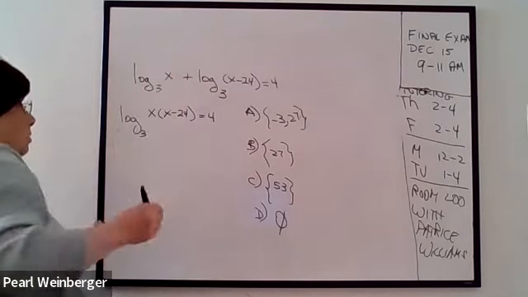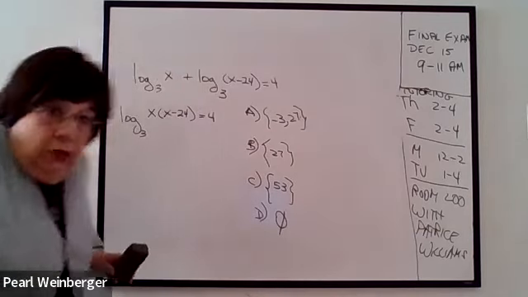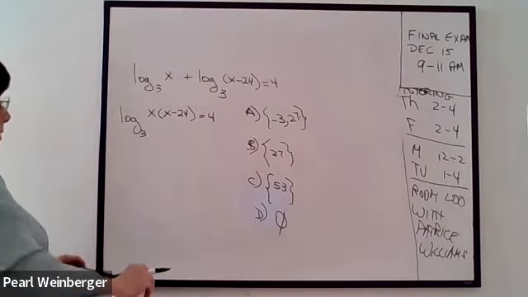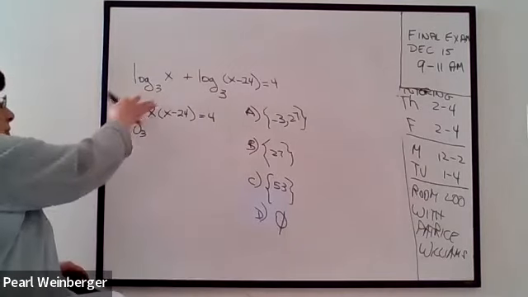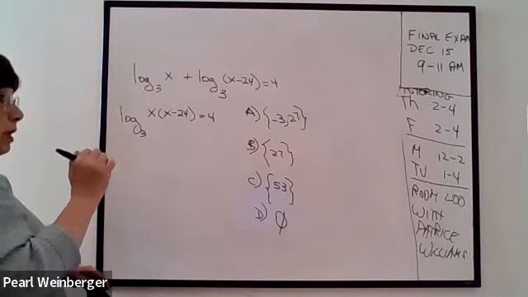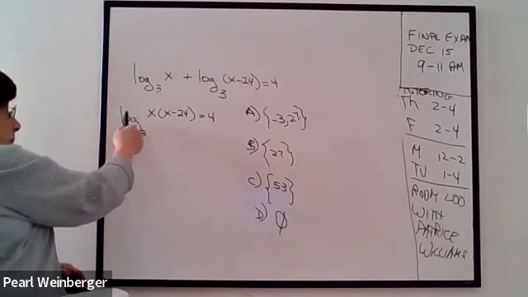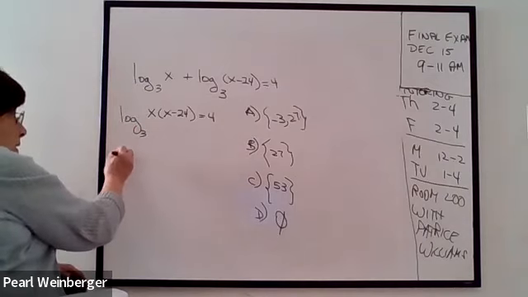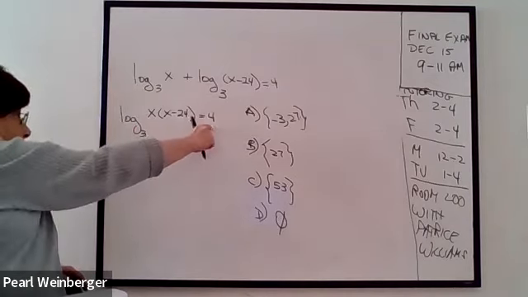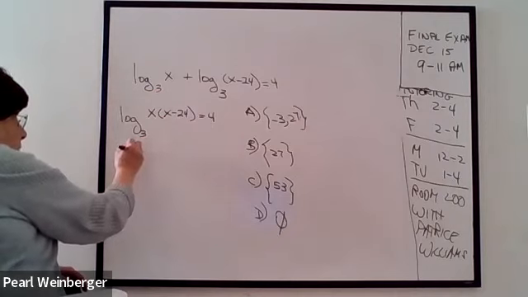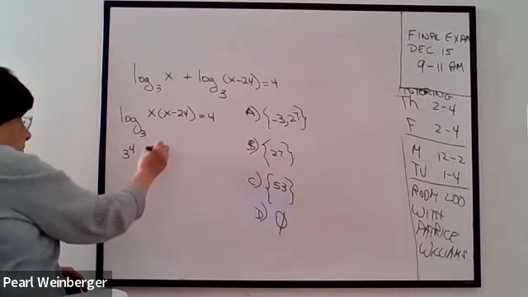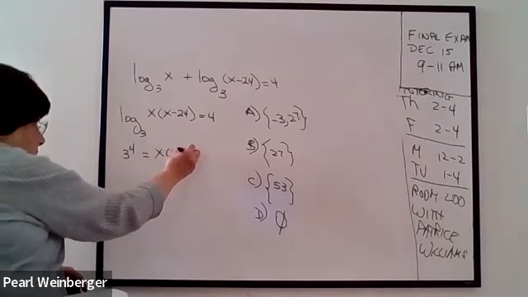That plus between the logs means that what we were originally doing was multiplying. Now we can convert this from log form to exponential form. Our base here is 3, our exponent is this number on the other side, which is 4, and that equals x times x minus 24.